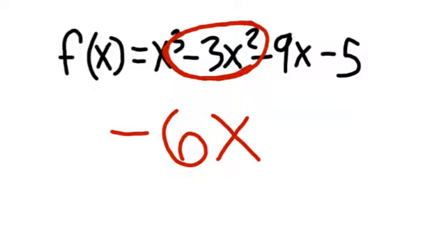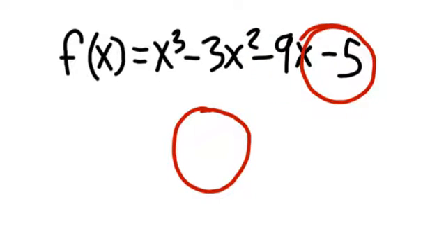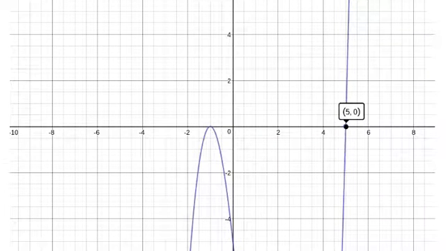Negative 3x squared gives us negative 6x. Negative 9x gives us negative 9. And negative 5 gives us 0. So our derivative is f prime of x equals 3x squared minus 6x minus 9. And if you graph it, this is what it looks like.